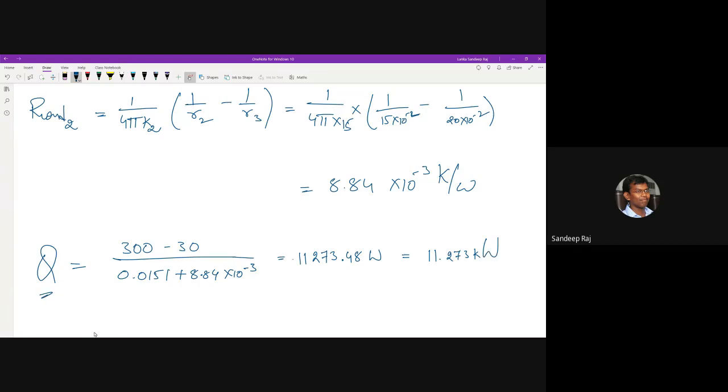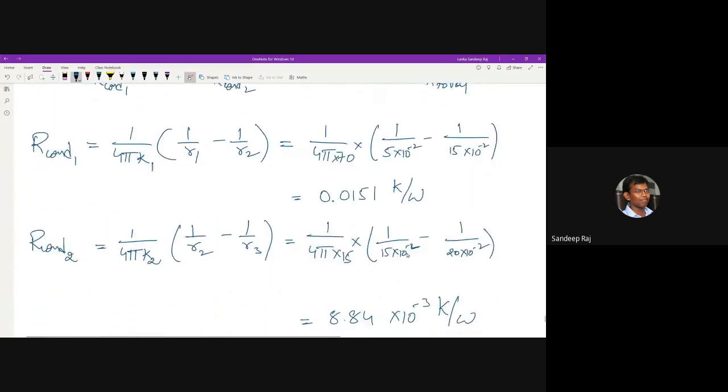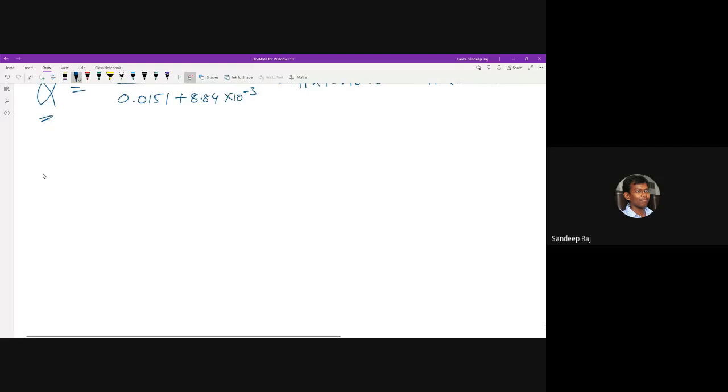You're done with it. The next value you are asked to find is the critical radius of insulation. It is simply called R critical for the outer material. So what I have to take is 2K by h, because it's a sphere here. The K value we have to take for the second material, because he's asking for the second material, because we can have it only for the second material.